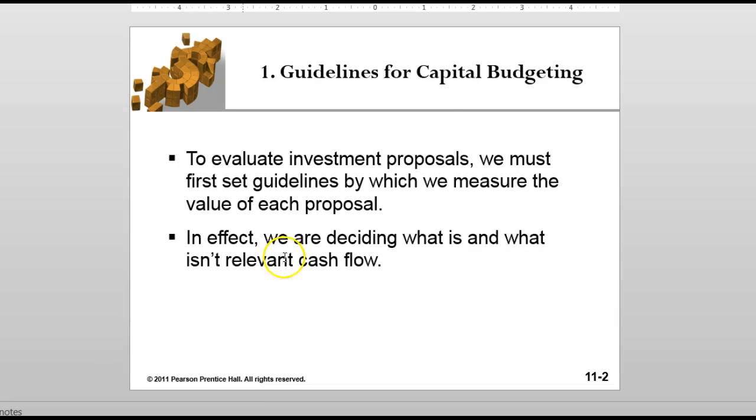So first we're going to look at why we need guidelines, and guidelines help just guide us and give us consistency in this project. You're going to look at it to evaluate investment proposals, so you need to be able to measure the value of each proposal, and then we have to really sit down and say, okay, what is or what isn't a relevant cash flow?